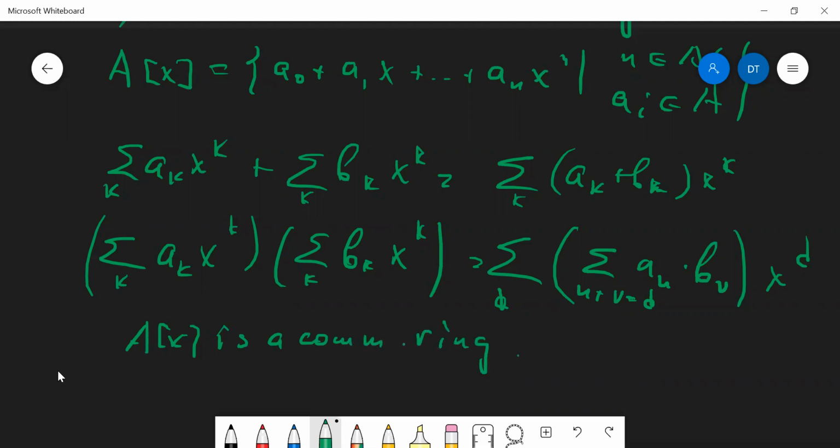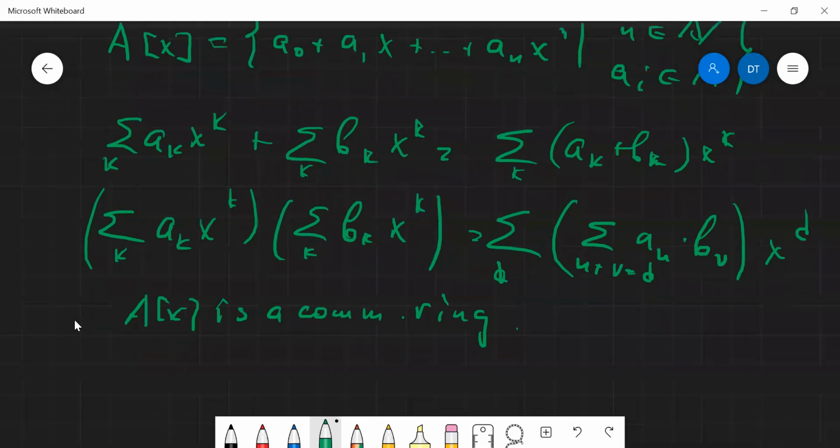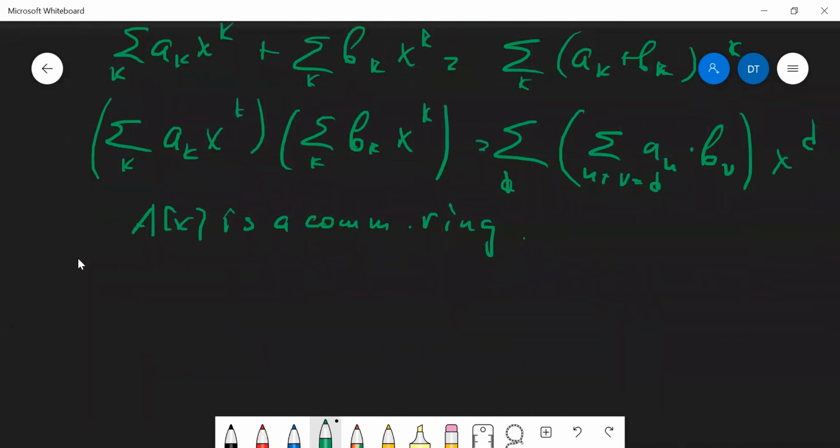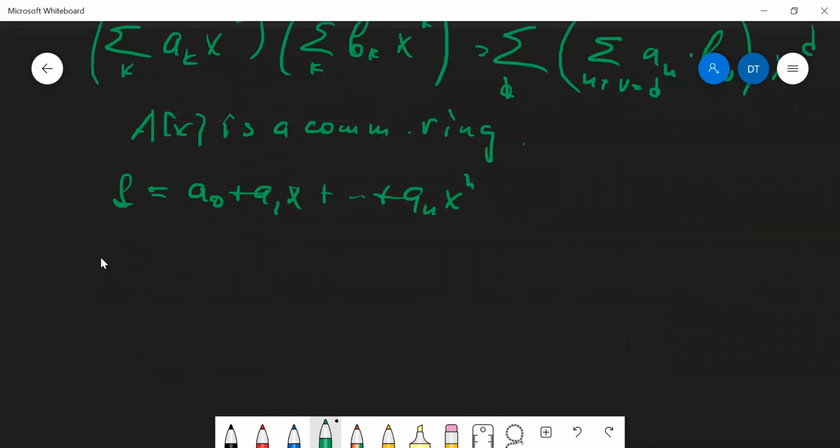Now, there was a question how to compare polynomials and functions. So what does it mean exactly? If we have a polynomial like this, then it defines a function. From where to where?